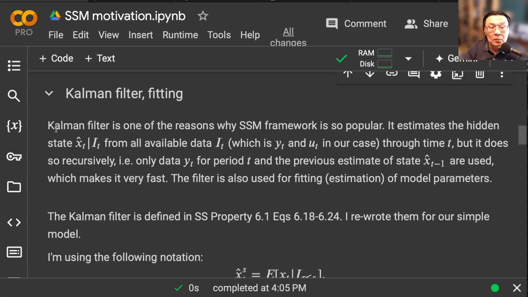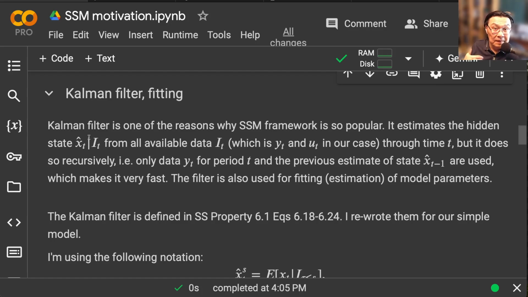However, the nice thing about this filter is that it does it recursively, right? So in order to calculate this state x_t, yes, effectively it is using all the data prior and including time t. However, the filter itself does it recursively so that it only needs the data at time t, let's say your observation y_t, and the previous estimate of x_t, meaning at the previous time.